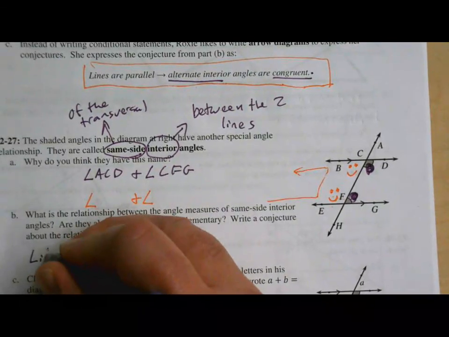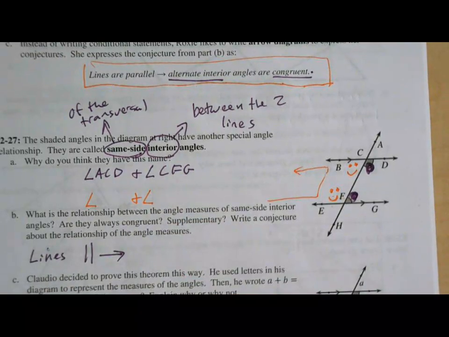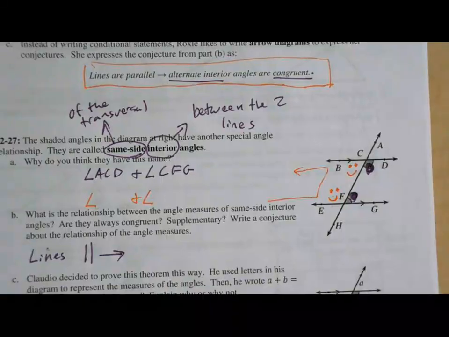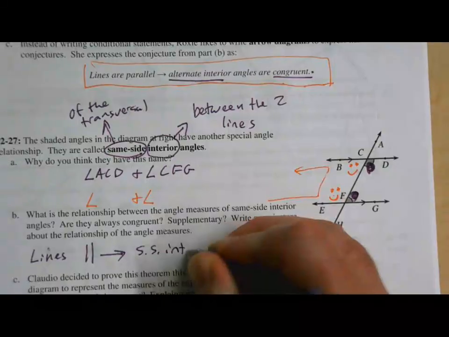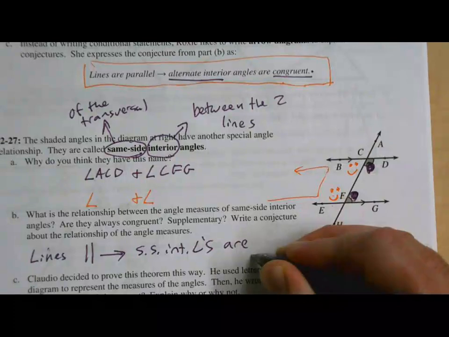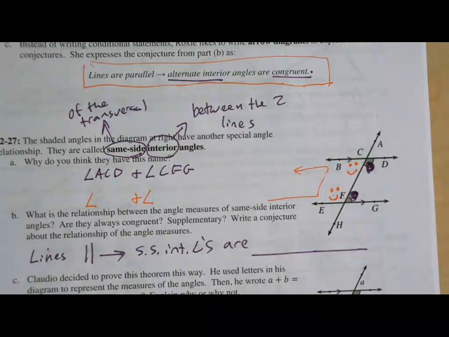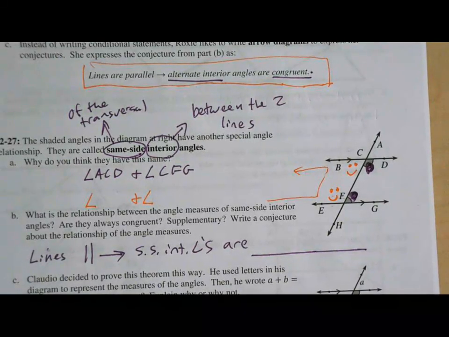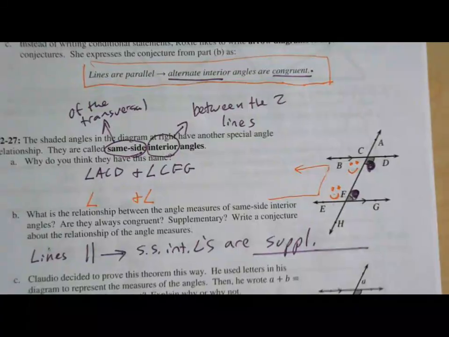If the lines are parallel, I'm using a symbol for parallel because I'm being efficient. I'm not going to say alternate interior angles. This time I'm going to say same-side interior angles are what? Not congruent. They're U-turn angles. You're going to make a 180-degree turn. What's the word for that? Supplementary.